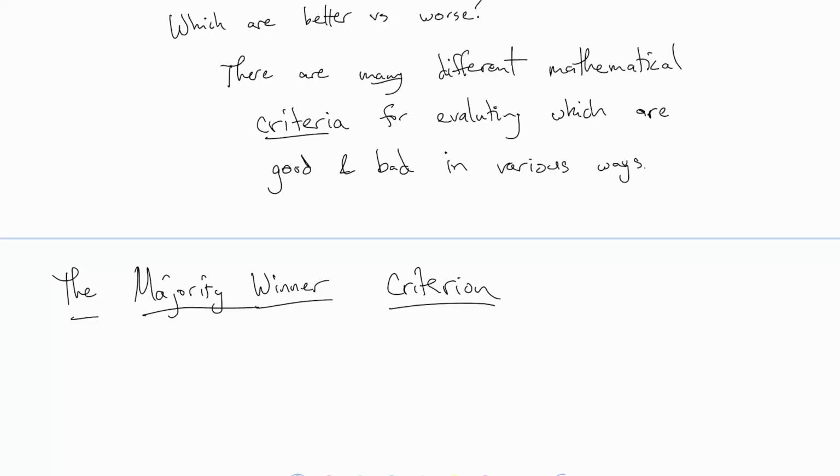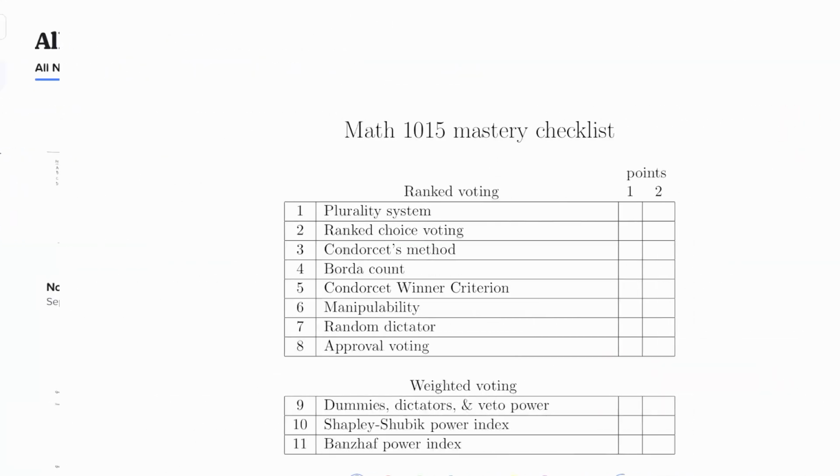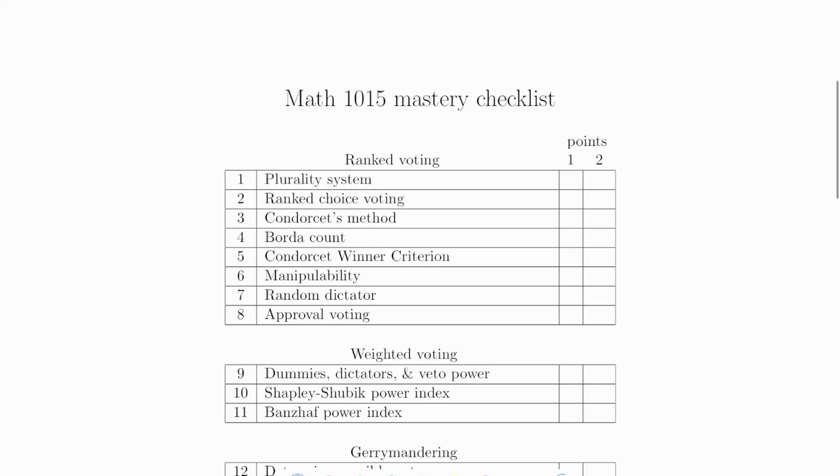I decided this time around to cut it down to only this one, but on the big checklist of the topics, which I copy pasted from last semester, I messed it up. I left on the wrong one. So if you have your list, this right here, I wrote this one. I don't want to talk about this one actually. I want to talk about what I just wrote, the majority winner criterion. Sorry about this.